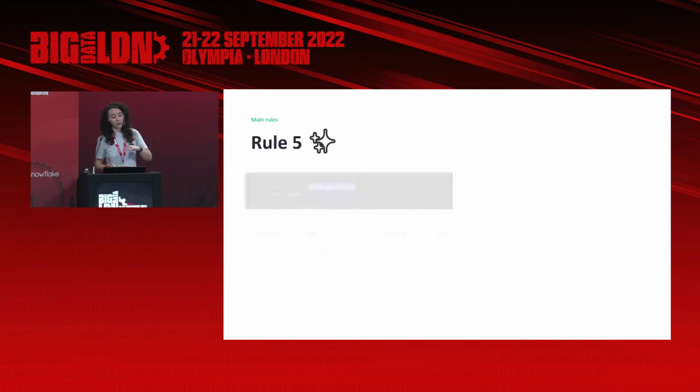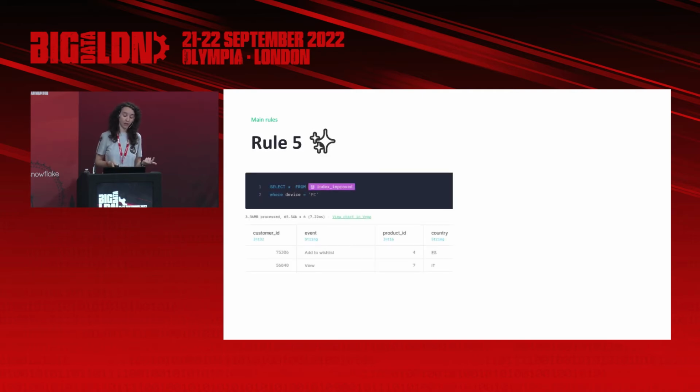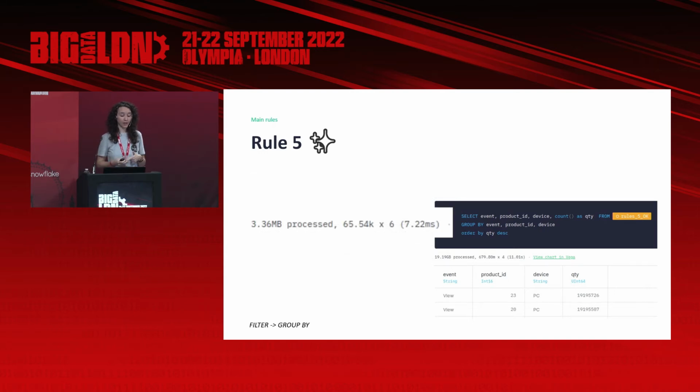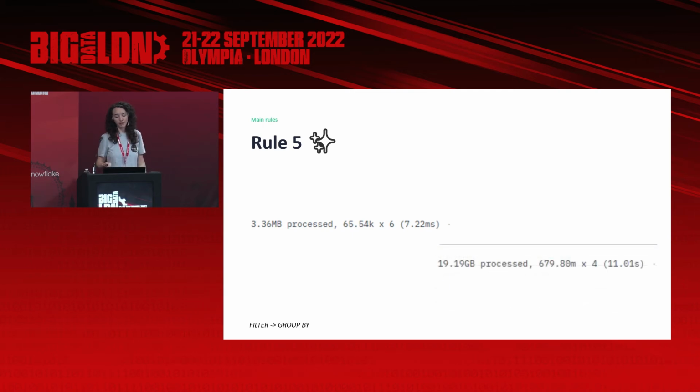But if you filter first and then apply the group by, applying the filter takes like 7 milliseconds, which is nothing. Then the group by is more expensive, and it took 11, but we are speaking about half of the time, the data, and so on. Okay, so it's also really important.